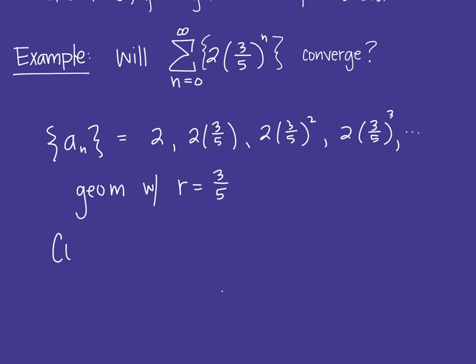And so this will converge to an infinite sum of, okay, and then we need the first term, which we determined to be 2, over 1 minus the multiplier 3/5.